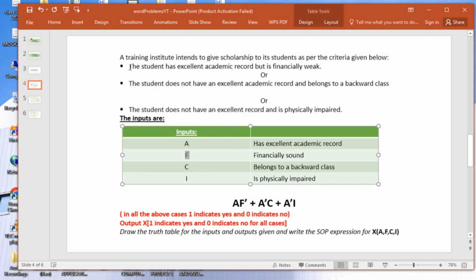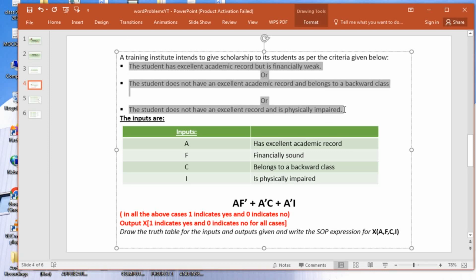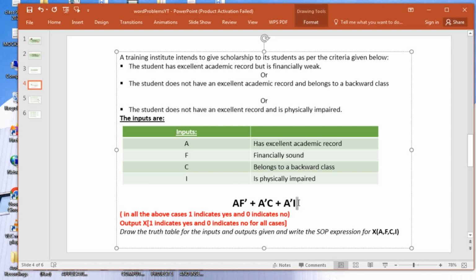Now from this part, you have to frame the expression. How to get it? Let us try to understand. The student has excellent academic record, so A means has excellent academic record.